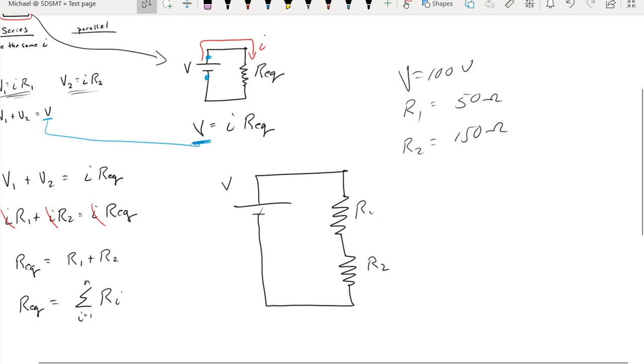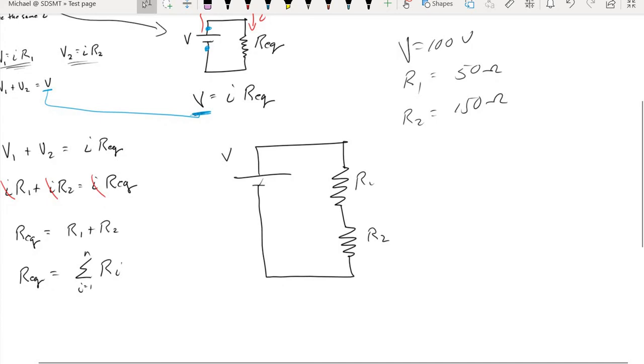I would like to know the current that is coming out of the battery, and hence the current that is running through each of the resistors. I would like to know the potential difference across each resistor. I would also like to know the power that is associated with each resistor and how much energy the circuit is dissipating. I know that sounds like a lot of stuff, but we can do this.